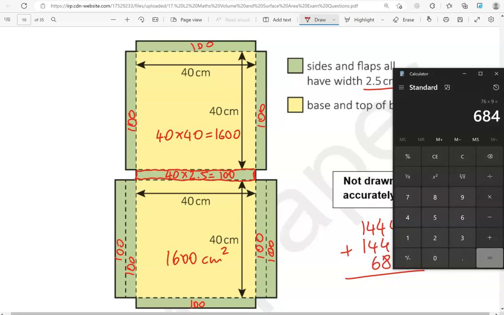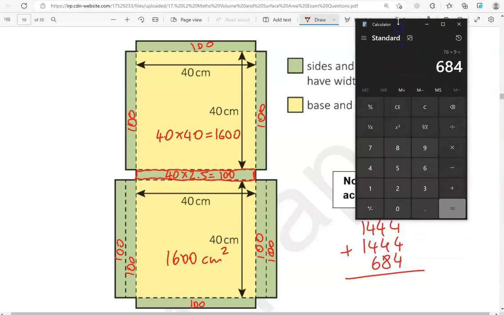So adding all these together gives us 3,572.